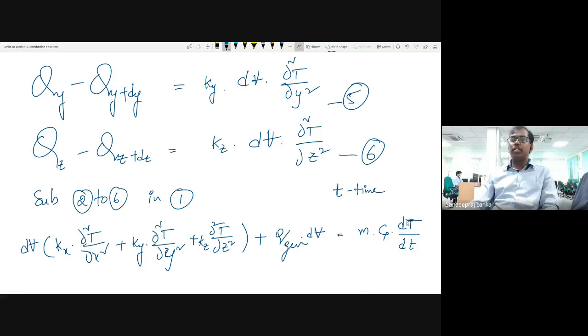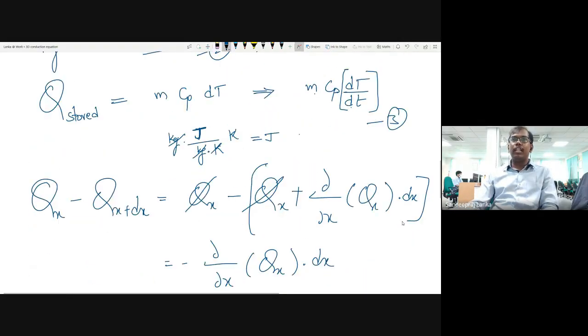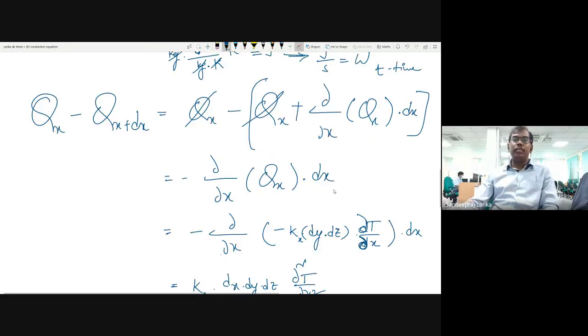I have taken it with respect to time because this will become joule per second, giving you watt. So that is the reason I have taken it with respect to time here, small t being time.